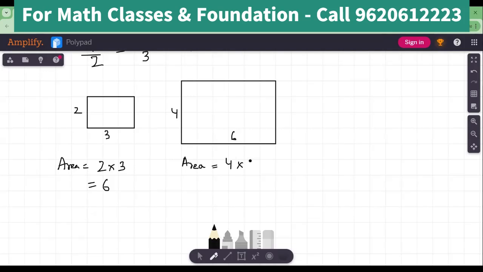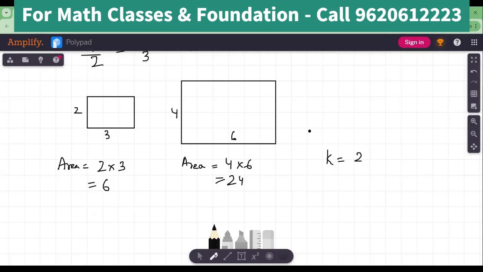So 4 times 6 is 24. And for these two rectangles, what was the proportionality constant we had? It was 2, right? 2 means the bigger one divided by the smaller one. When you divide the smaller one by the bigger one, then you get a proportionality constant of half.